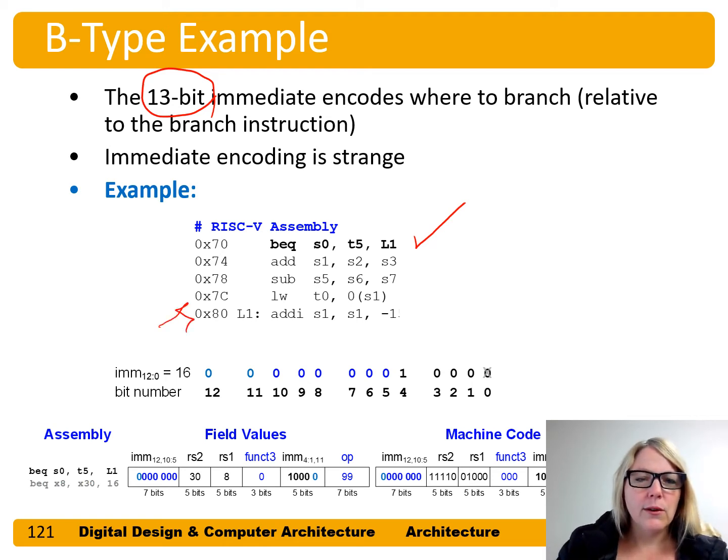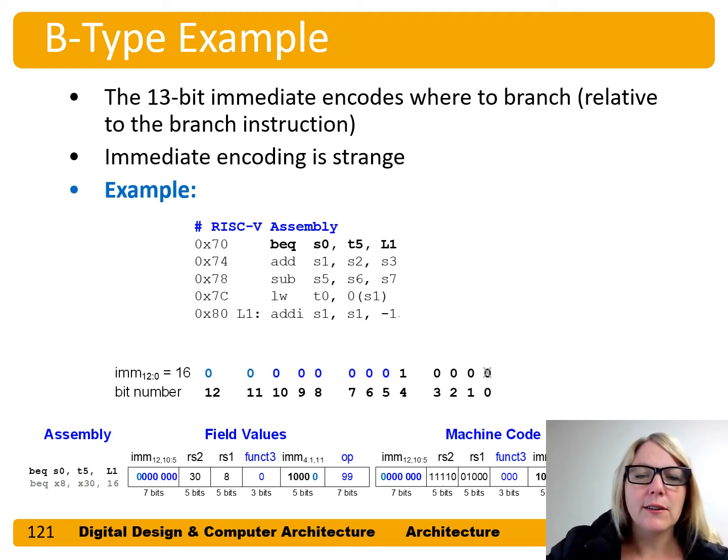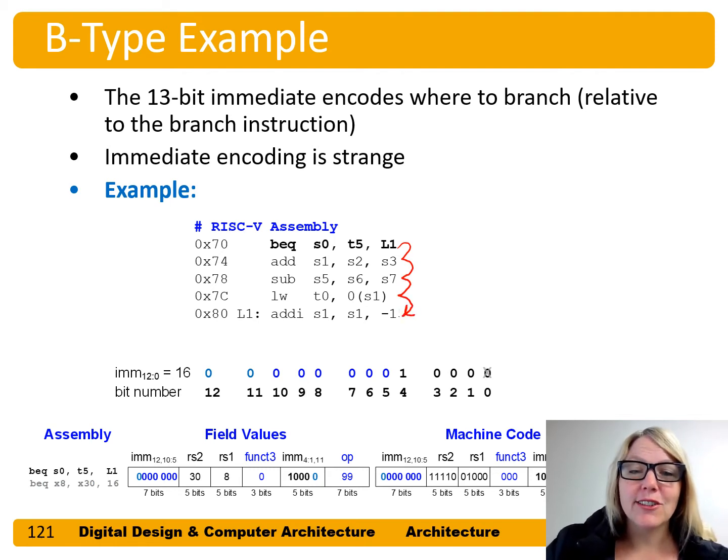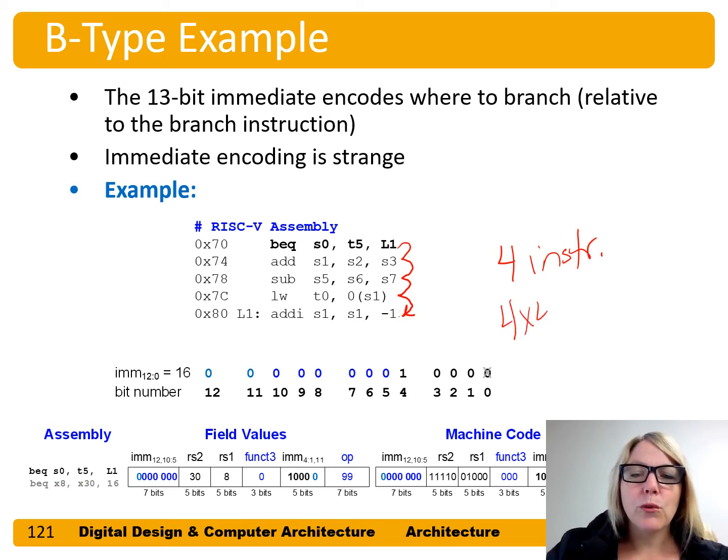We want to branch, in this case, 16 bytes later, or 4 instructions after the branch. That's 4 instructions times 4 bytes per instruction, which equals 16 bytes.